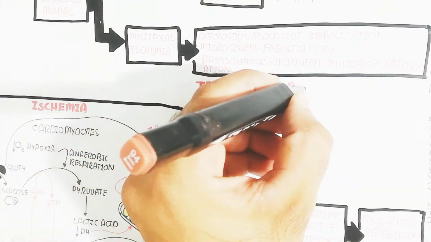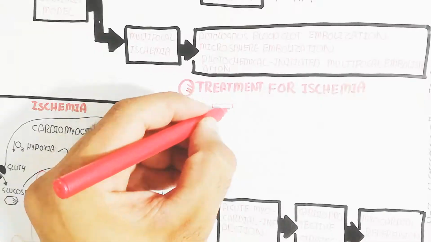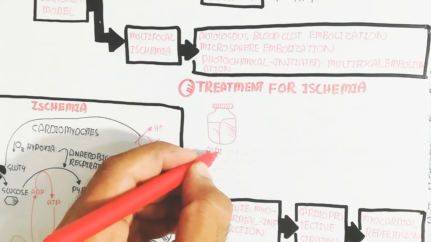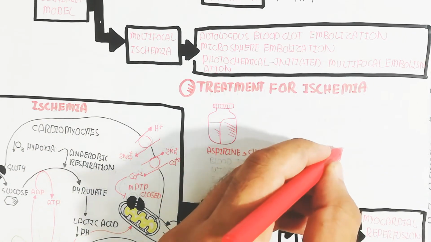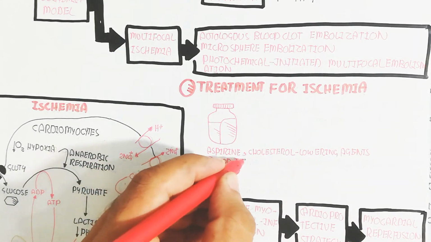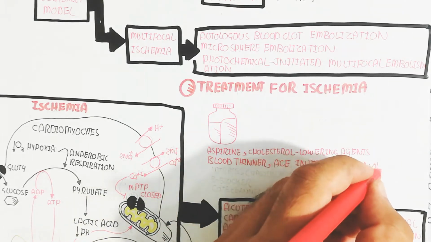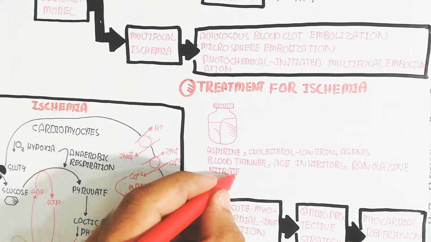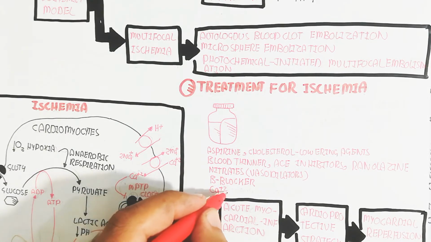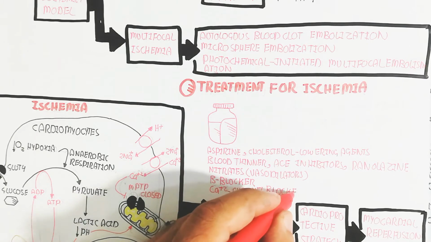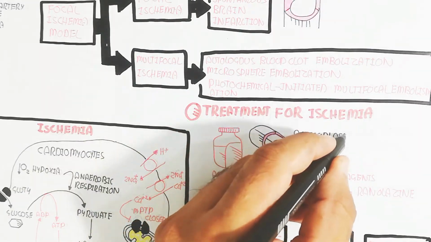And in this way, let's begin to understand the treatment for ischemia. The treatment of ischemia is different, so in this way we will look at the specifics. Here are aspirin, the drug, cholesterol-lowering agents, blood thinners, ACE inhibitors, angiotensin converting enzyme inhibitors, ranolazine, as well as nitrates as vasodilators, and calcium channel blockers.